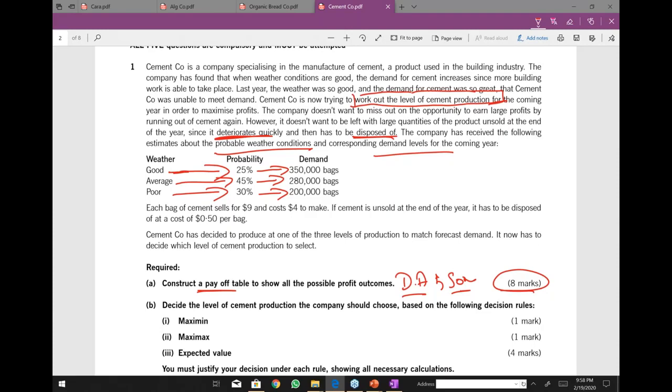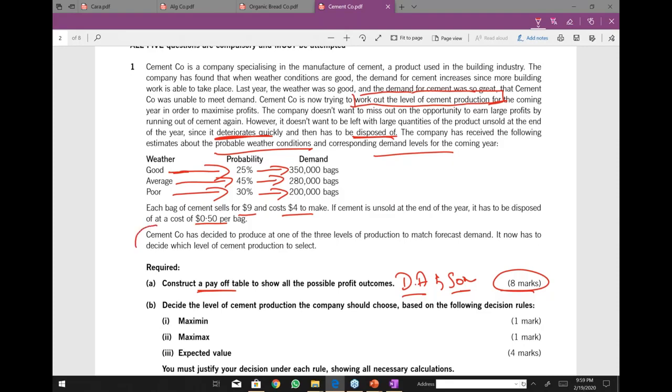Each bag of cement sells for 9 and the cost is 4. If cement is unsold at the end of the year, it has to be disposed of at a cost of 0.5 per bag.